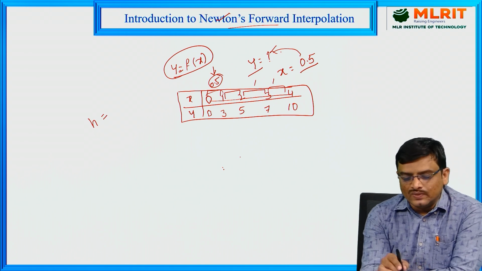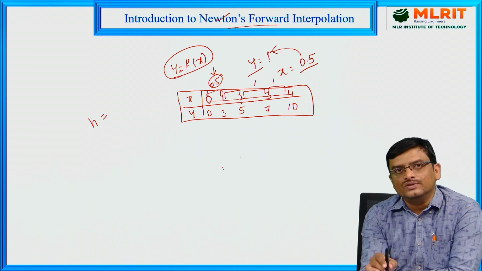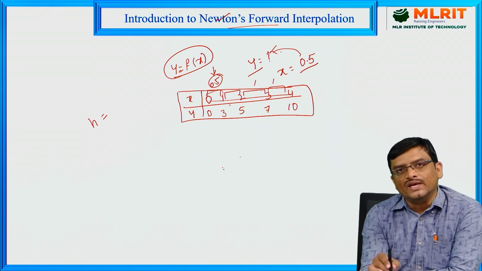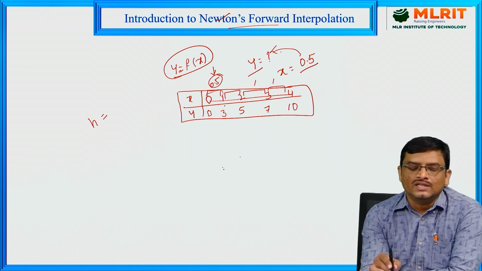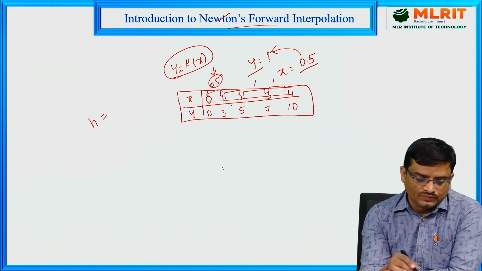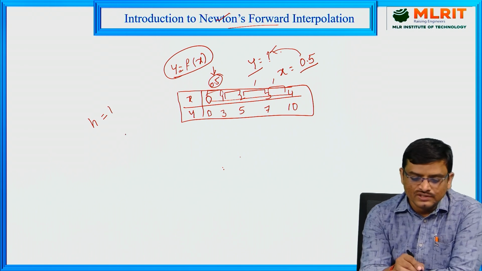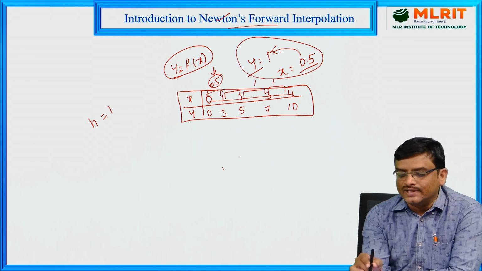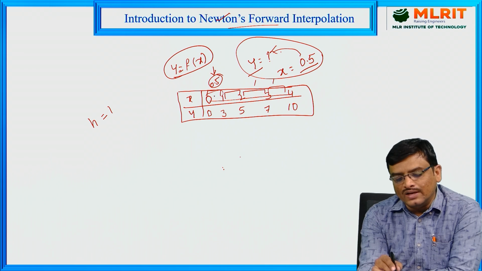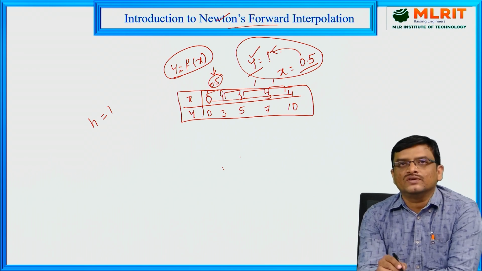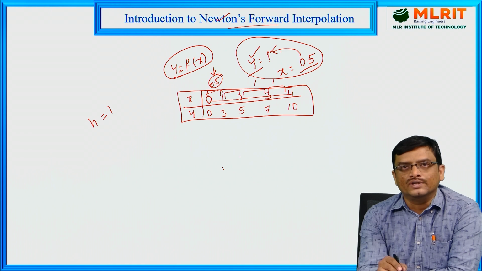Whenever we have these x values, we say the x values are equally spaced, or having the same common difference. Here the difference is 1. So whenever the x value lies at the beginning of the table, at that value of x, if you want to find the value of y, we can use Newton's forward interpolation.